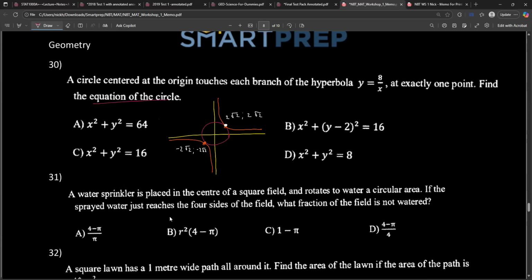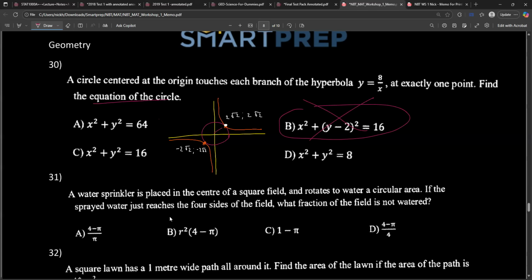Because the center of the circle is at the origin, we can rule that out, because the equation has to be x squared plus y squared equals the radius squared. So essentially what we have to do is find the radius.